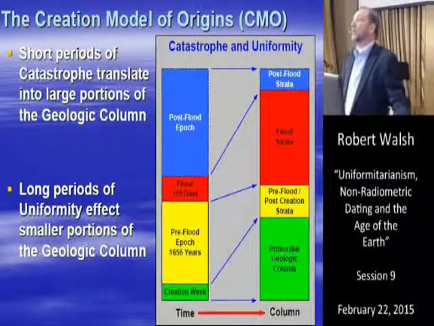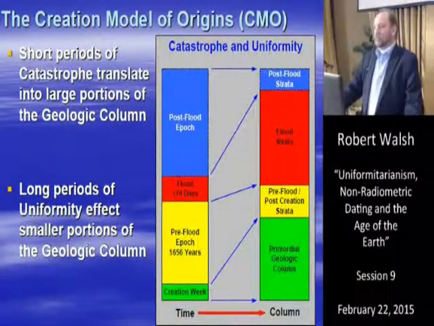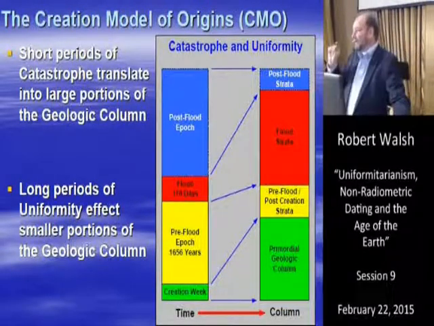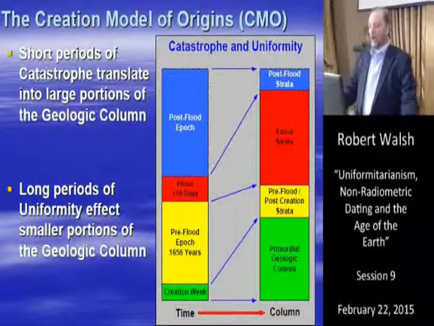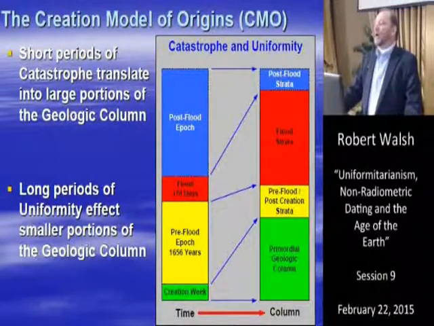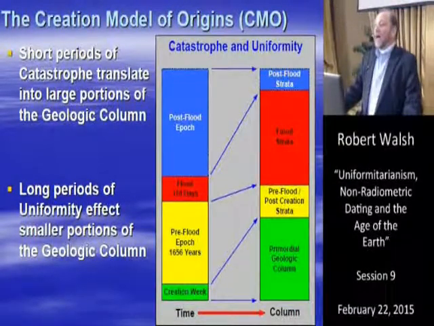And then, of course, from the time of the flood, we have roughly 3,800 years now, of a period of relative uniformity, producing a much smaller part of the column that we walk on today. When we look at the Grand Canyon in a couple of weeks, we'll see that that is a phenomenon that actually is post-flood.